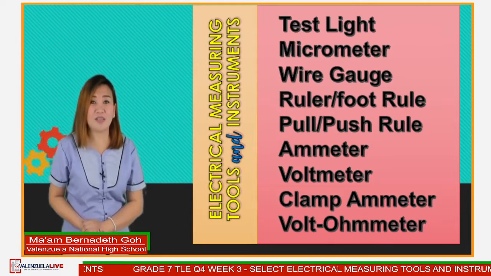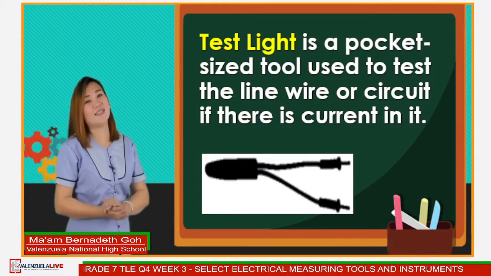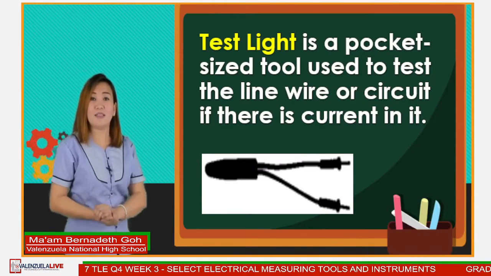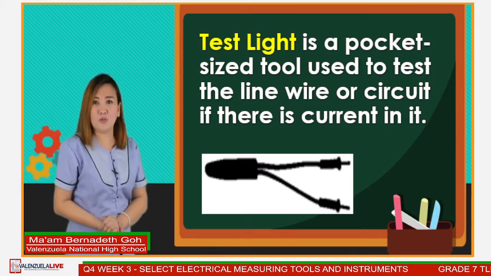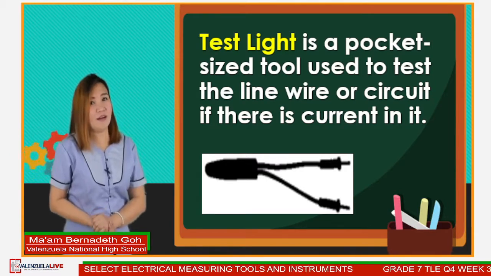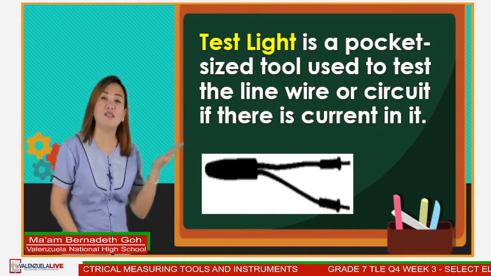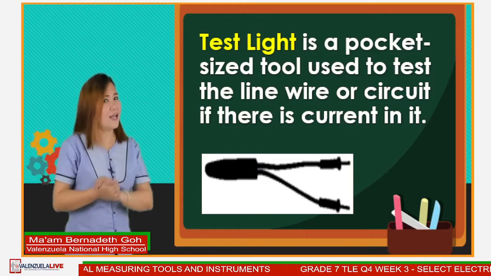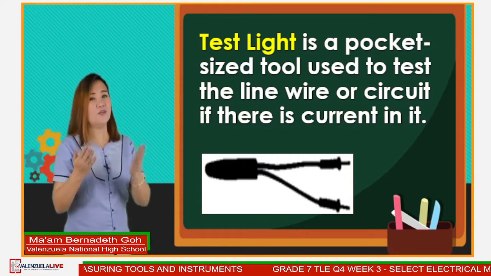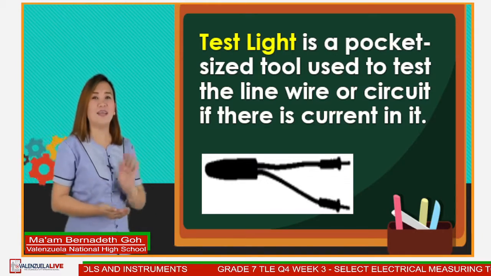Let's explore with the first electrical tool, the test light. Test light is a testing tool. It is a pocket-sized tool used to test the line wire or circuit if there is current in it. Imagine how small it is, but it has the power to tell you that there is current flowing in your outlet.